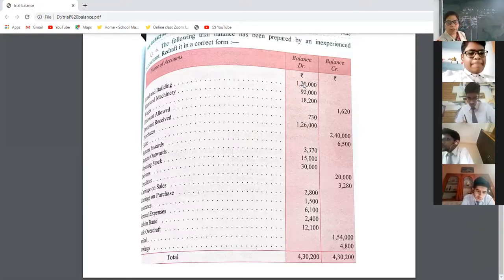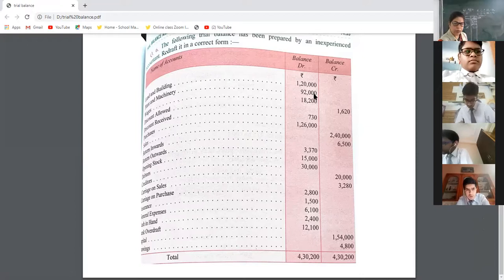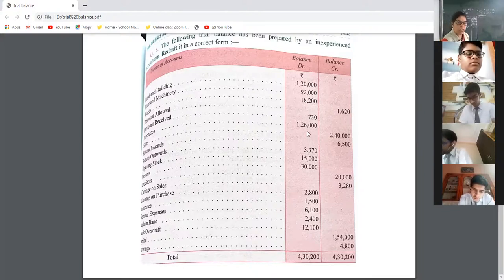Now, one by one you can match. Land and building, debit. Plant and machinery, debit. Wages, debit. Discount allowed, debit. Discount received, credit. Purchase, debit. Sales return, debit. Sales, credit.